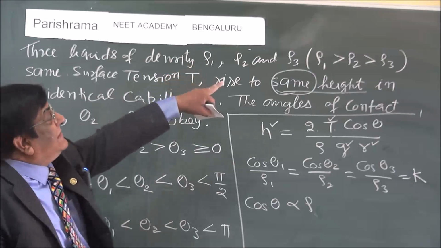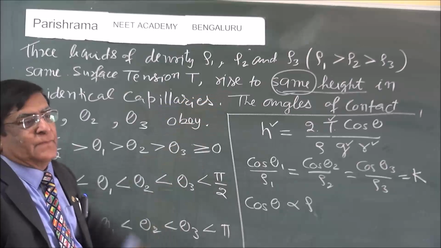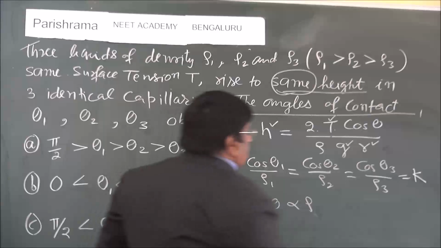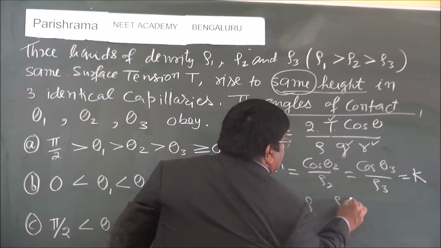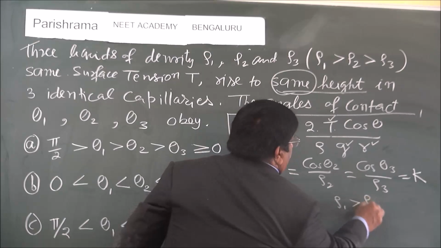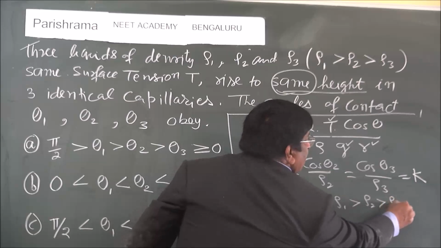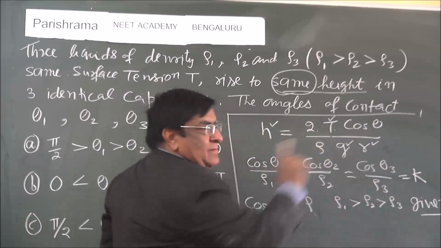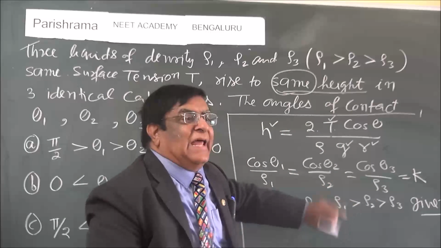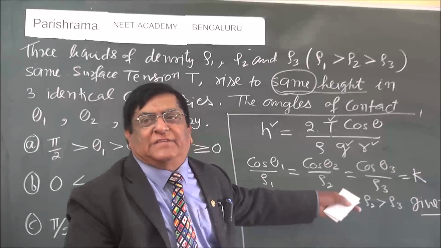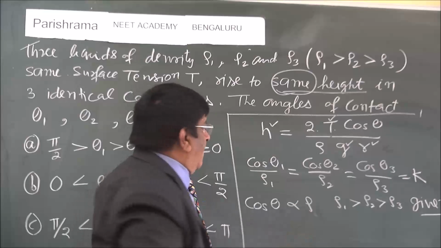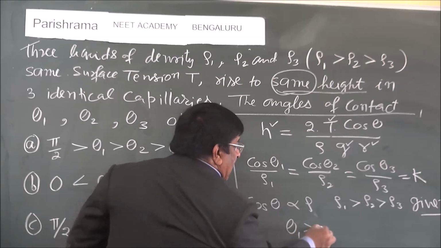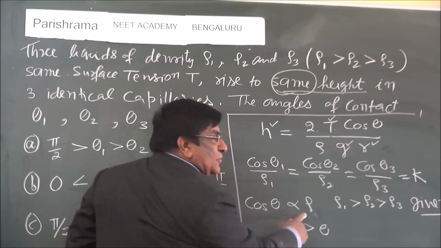Now see the sequence of rho. Which is greatest? Rho 1 is greater than rho 2 is greater than rho 3. This is given. If this is given, tell me the value of theta. Theta 1 is more than, because they are directly proportionate.